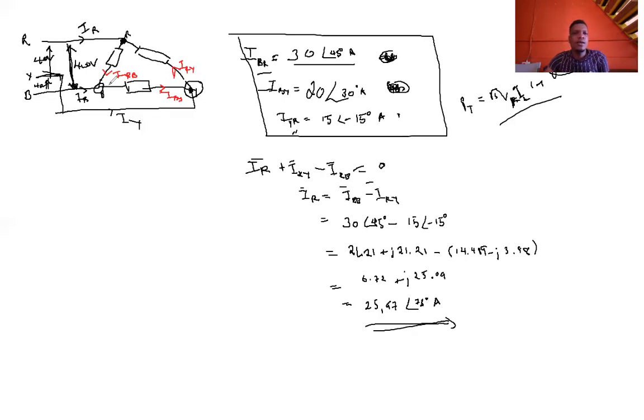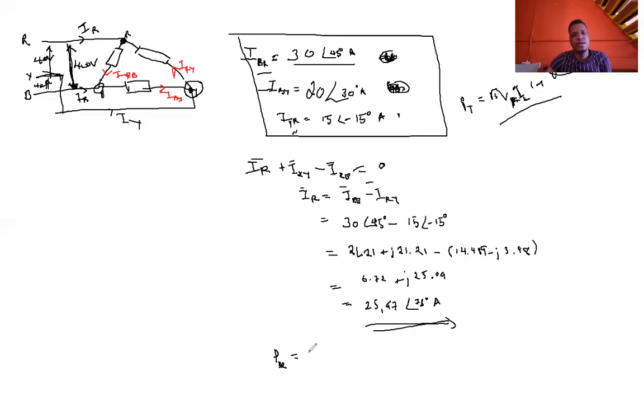All right, so now we want to calculate, remember our goal is to calculate the power. So the power is, if you can find the power per phase, let's say power loss in the phase BR.